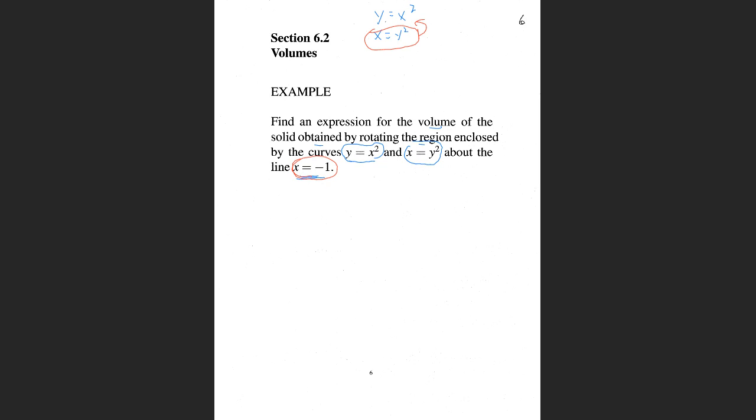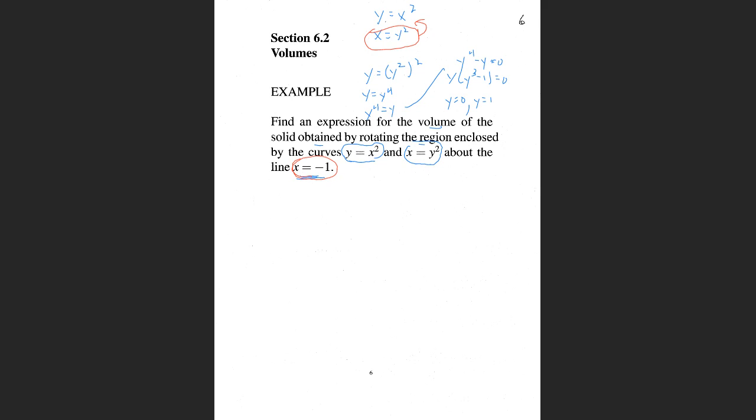And if you did that, you'd have y equals y squared squared, or y equals y to the fourth, or y to the fourth minus y equals 0. And then you can factor y out and you'll get y times y cubed minus 1 equals 0. And it turns out that y equals 0 or y equals 1 is going to be the intersection points.